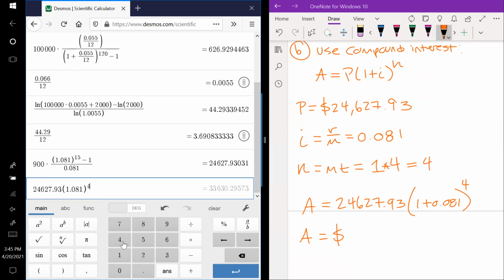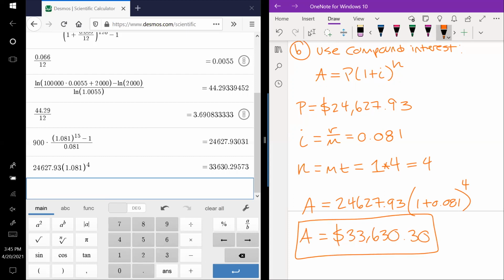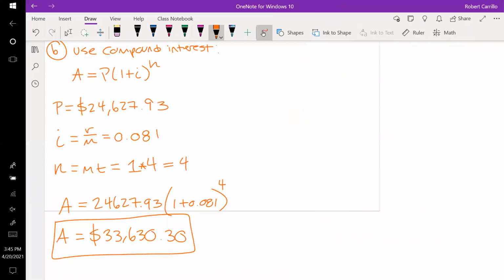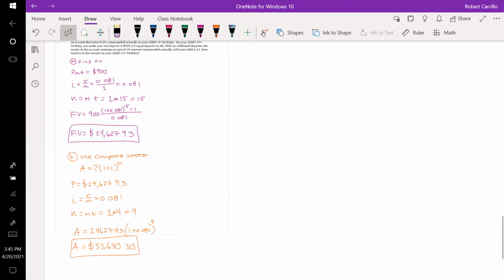Raised to the 4th will be $33,630.30. What is a 21-year-old going to do with all that money? Okay. And guys, that is future value. And we are done.